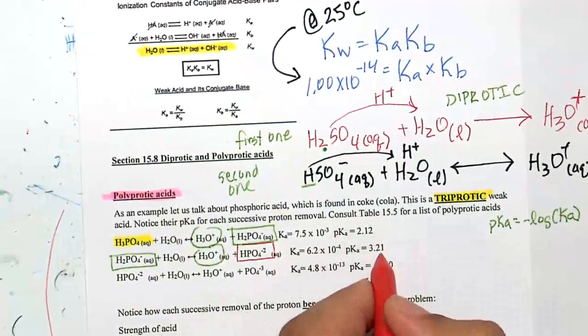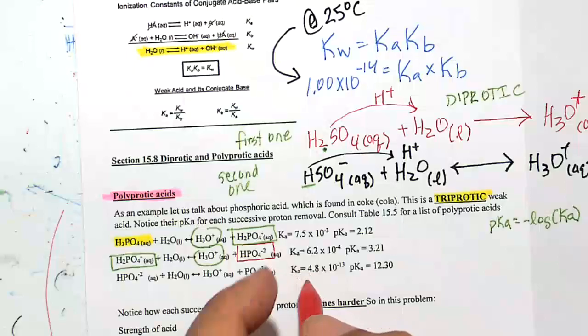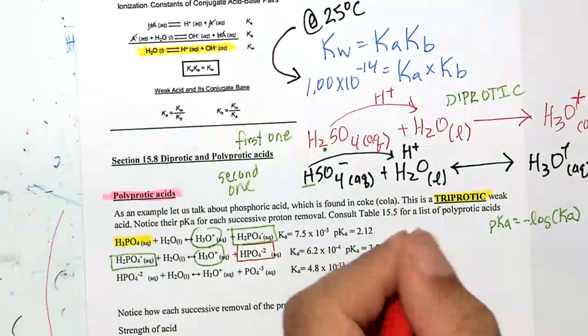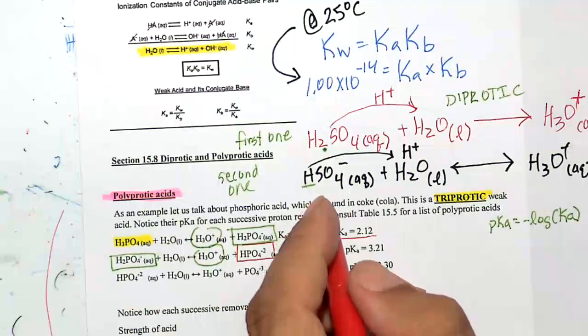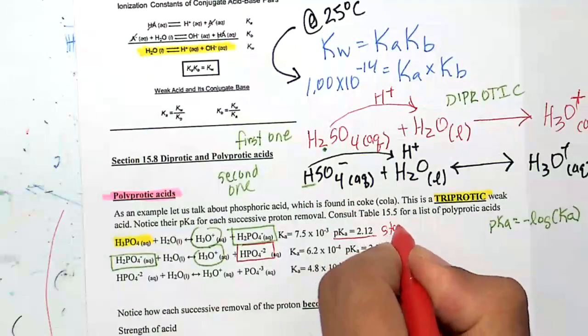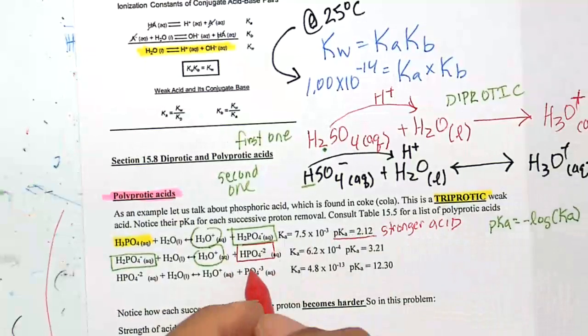And what do you think about that pKa, 7.21, corresponding to a Ka of 6.2 times 10 to the minus 8? Which is stronger, the first proton that comes off or the second? Remember, the lower the pKa, the stronger the acid. So the first proton would be a stronger acid than the second one.